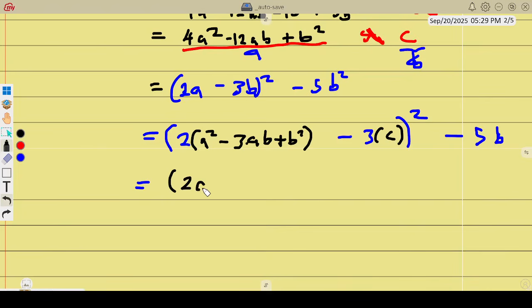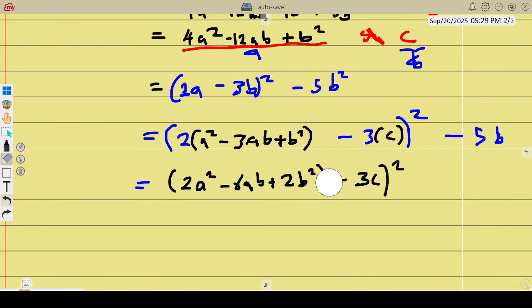It is 2A squared minus 2 times 3, 6AB, plus 2 times B, 2B squared, minus 3 times C, 3C. So this is what we get.